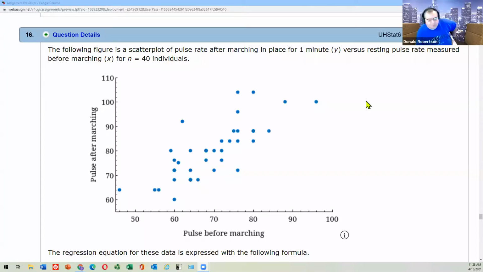Let's show you a visual one now. So I'll stop sharing that. And here is a homework question with a scatter plot in it. The following is a scatter plot of pulse rate after marching in place for 1 minute versus the resting pulse rate measured before marching.